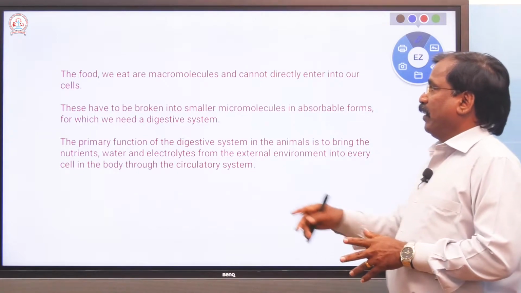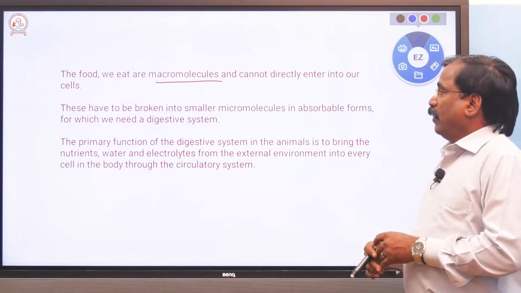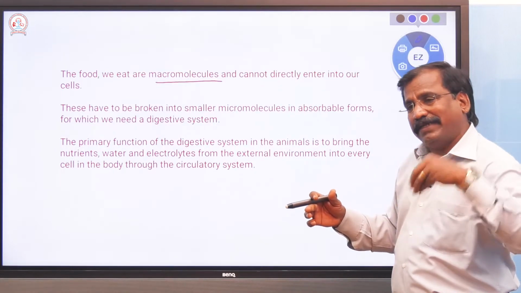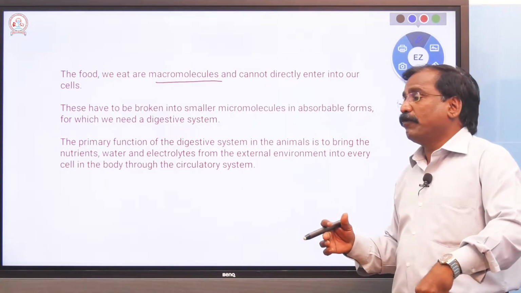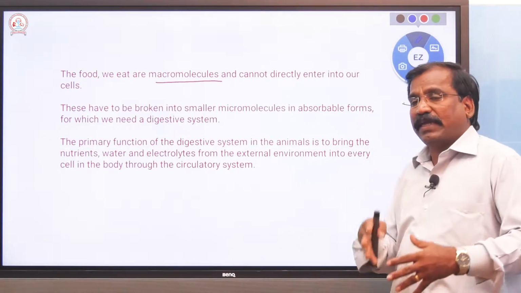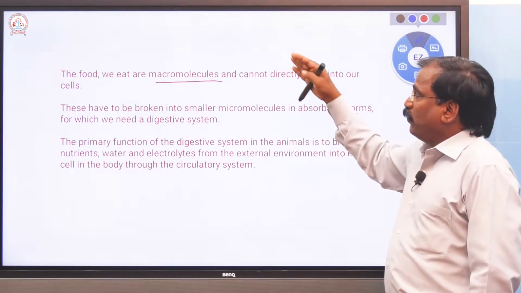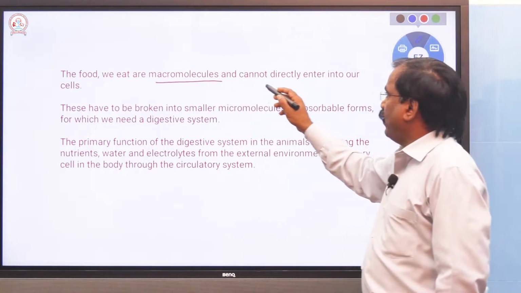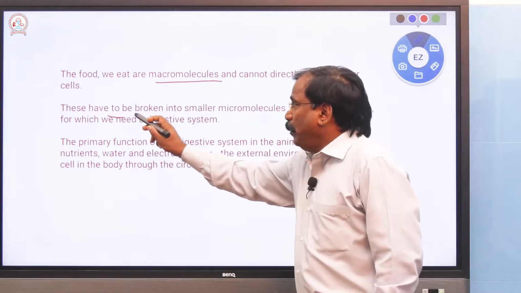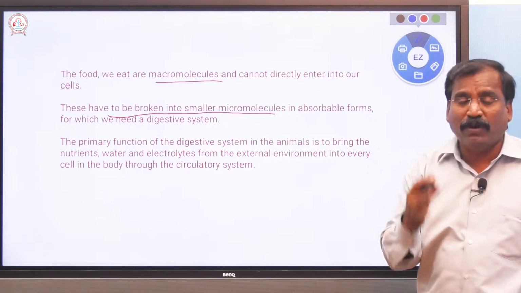See, the food we eat contains macromolecules, so they cannot be directly absorbed. They cannot directly enter across the tissues, or penetrate into our cells, so they have to be broken into smaller micromolecules, into absorbable form.